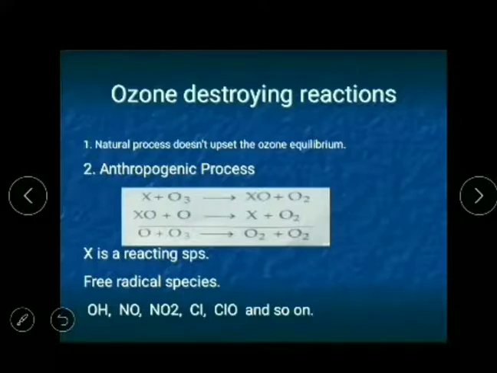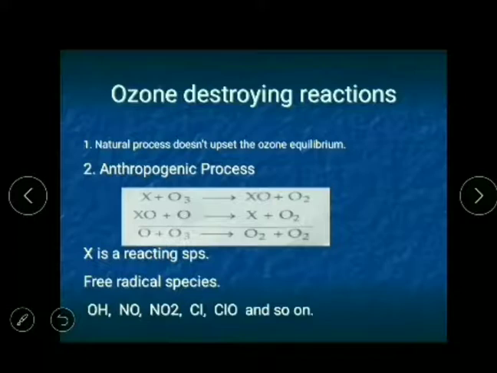So you studied just some minutes before the mechanism of formation of ozone, and there you studied the natural decomposition of ozone molecule by ultraviolet B and ultraviolet C radiations.